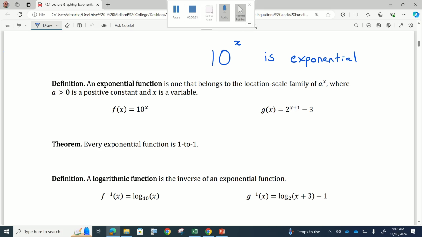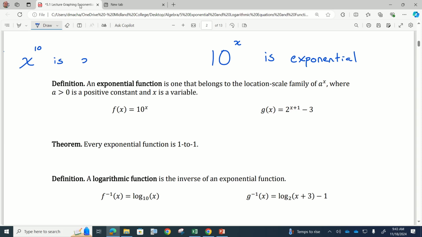The biggest point of confusion for a lot of people is the difference between this and this. If the variable is in the base and your exponent is a constant, that's just a polynomial, right?